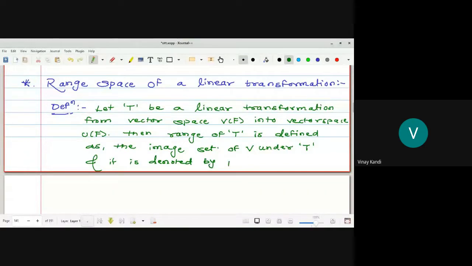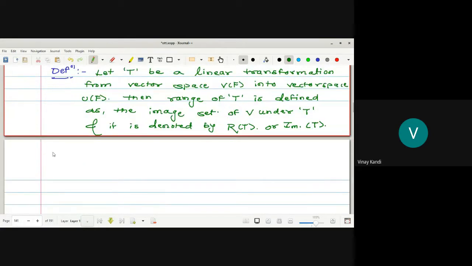What is R of T? Range of T. What is N of T? Null space of T. R of T is the range space of T, the range of T, or we can say the image space of T. So symbolically we can write: the range space of T is equal to the image of T. What is that?